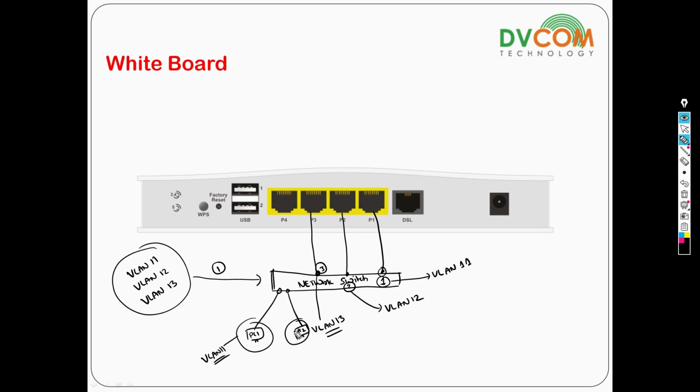In case this PC2 belongs to my manager, and this is, let's say, port number 5, port number 6, this port I am going to shift into VLAN number 12. If any guest comes, I am going to keep it into VLAN number 13. So this is what you need to plan for, guys. The overview is that each and every port I am going to keep into a different VLAN. That is called port based.